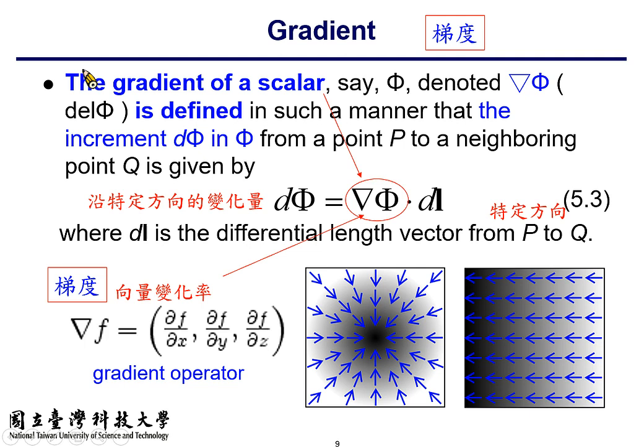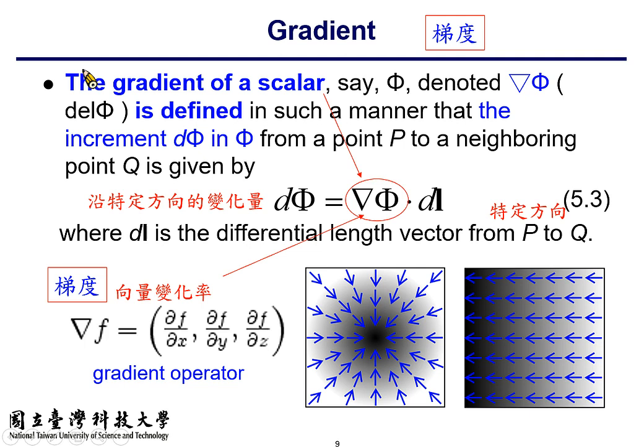It's d phi, the amount of change in the scalar phi.